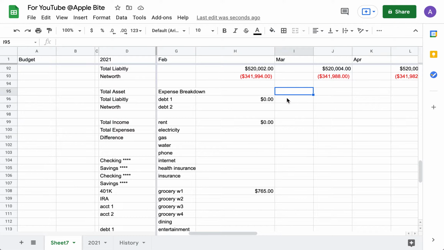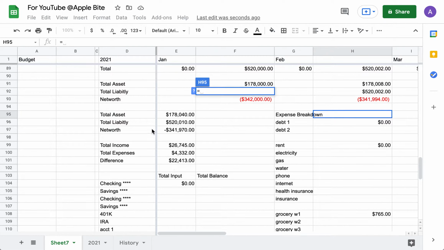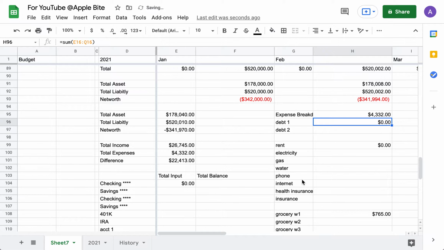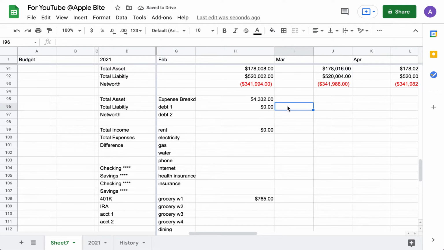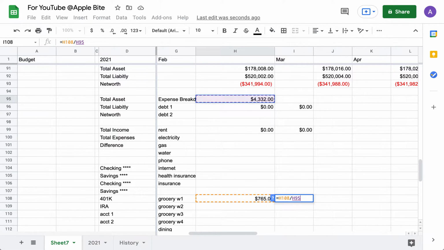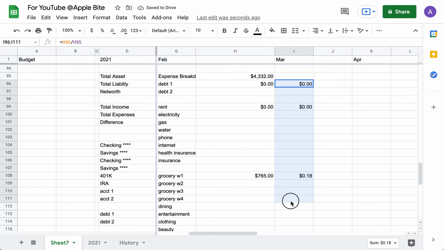What I like to do is put the total expenses at the top, and then this obviously is 100%, or let's see, no. So this will be equal to this divided by the total.